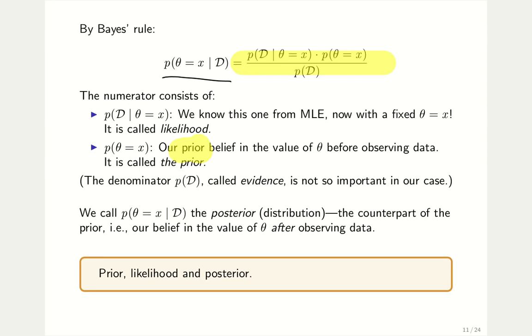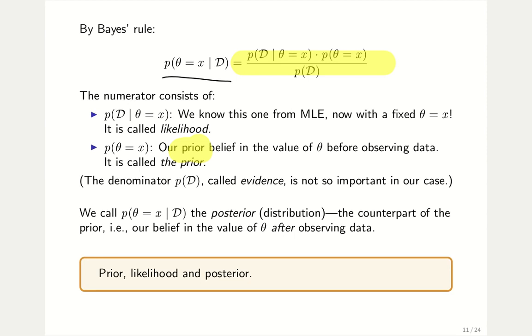For example, as I told you in the coin example, we would expect probably that the value is somewhere around 0.5, even if it's biased, and that an extreme value such as 0 or 1 is less likely. Okay, and this was what is captured by the prior, and this will prevent extreme results and overfitting.